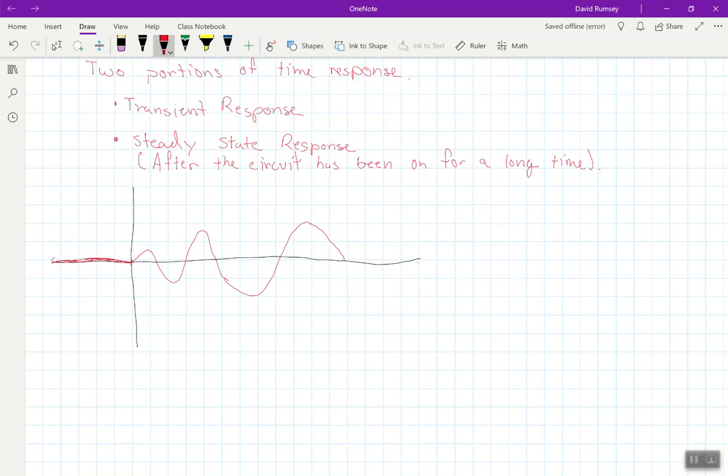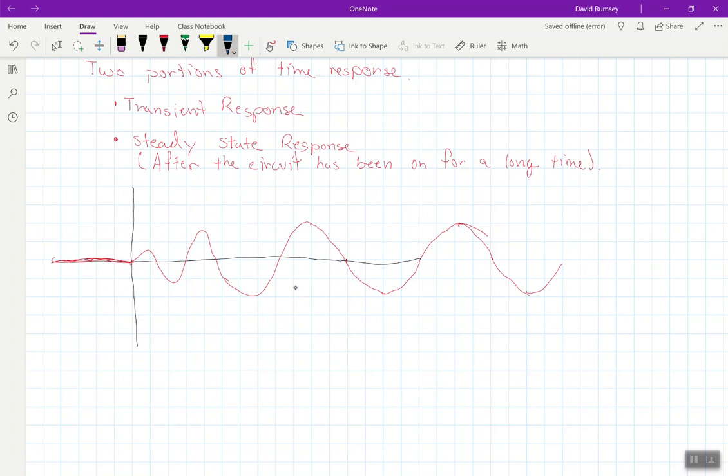Here, let me go back because I was trying to draw something. So it's going to start off a little bit where the circuit's turning on, kind of powering up, and then it's going to reach a spot here.